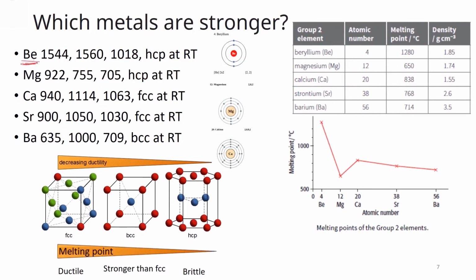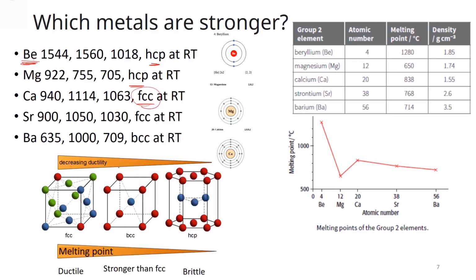Now, if I move to the crystal lattice of beryllium, you could see that it is a hexagonal close pack at room temperature. Also, magnesium is a hexagonal close pack, whereas in the case of calcium, you have a face-centered cubic. So the face-centered cubic usually has a higher melting point than the HCP, like we said before.